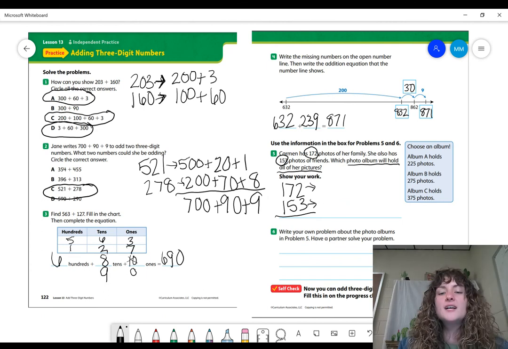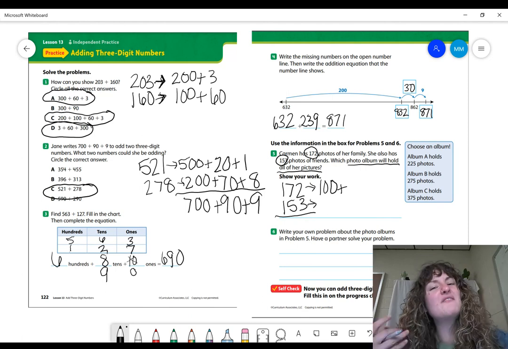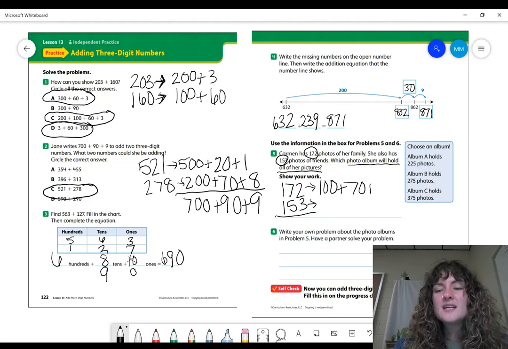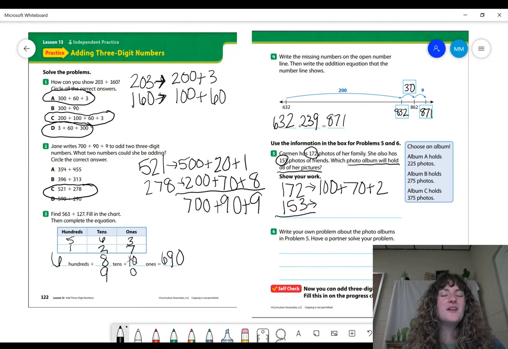All right, so 172 is 100. Good job, Smarties. 7 tens. What number has a value of 7 tens? 70 plus 2 ones. Okay, I want you to go ahead and fill out 153, and then we'll check and see if we have the same answer. So go ahead and do that.